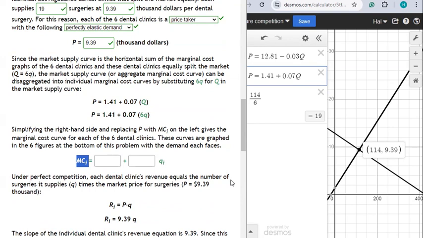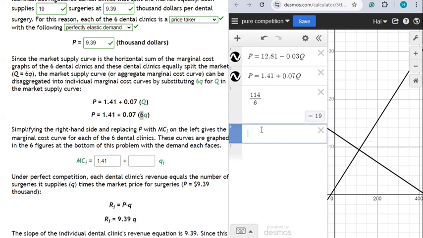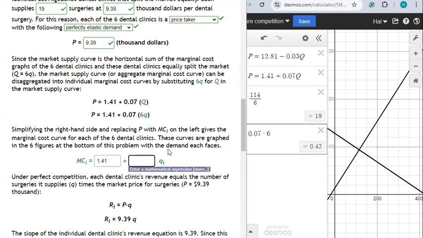In my model, I have 1, 2, 3, 4, 5, 6. So I have 6 versions of this equation, and they're all identical because we're assuming that. It makes the analysis easier when we assume identical. All we have to do is copy this 141 straight down to here. We have to multiply 0.07 times 6. You can do that over here. 0.07, whatever your number is, times 6, which is my number of dental clinics, and I get a slope of 0.42.